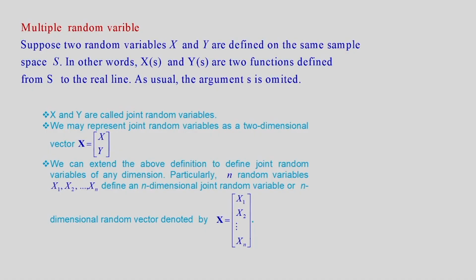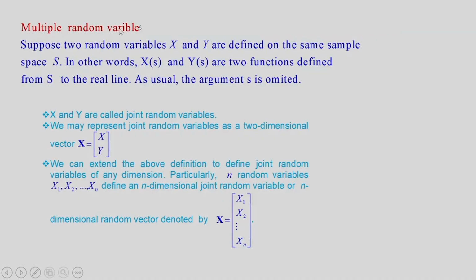So, we have defined a single random variable and how to characterize it in terms of CDF, and if it is continuous in terms of PDF, and if it is discrete in terms of PMF. Now, let us go to multiple random variables.